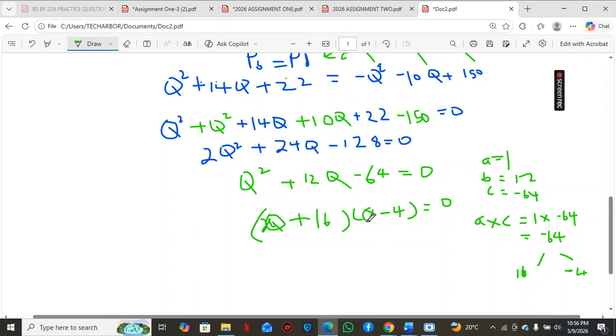Oh, not x, we used to x. So we have two solutions: q equals negative 16 or q equals 4.